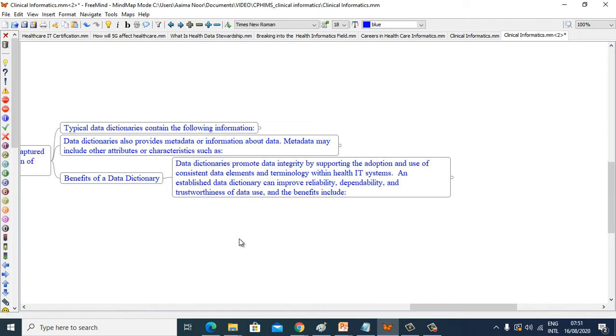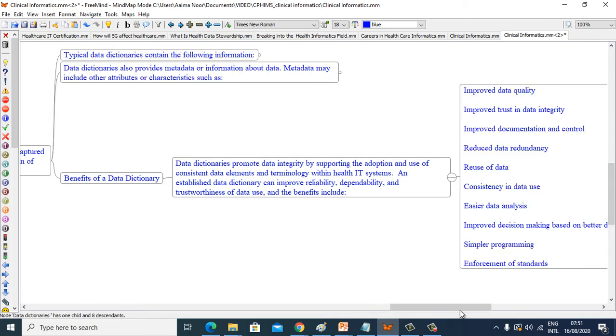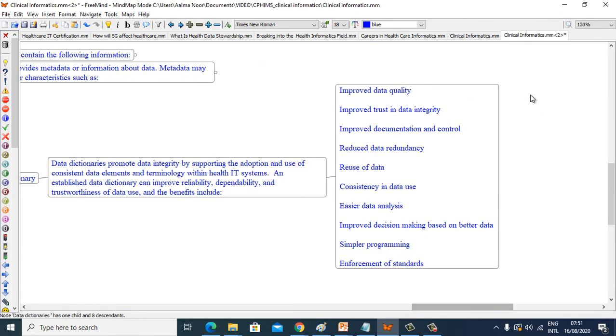An established data dictionary can improve reliability, dependability, and trustworthiness of data use, and the benefits include improved data quality, improved trust in data integrity, improved documentation and control, reduced data redundancy, reuse of data, consistency in data use, easier data analysis, improved decision making based on better data, simpler programming, and enforcement of standards.